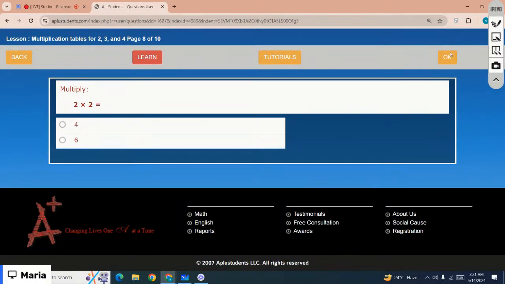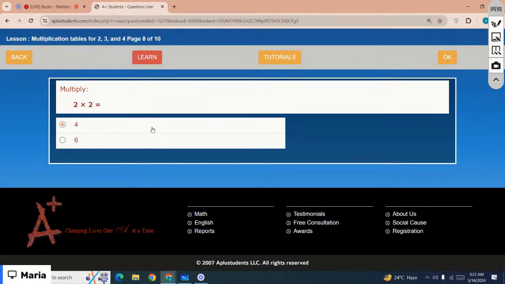2 times 2 equals. The correct option is 2 times 2 is 4.